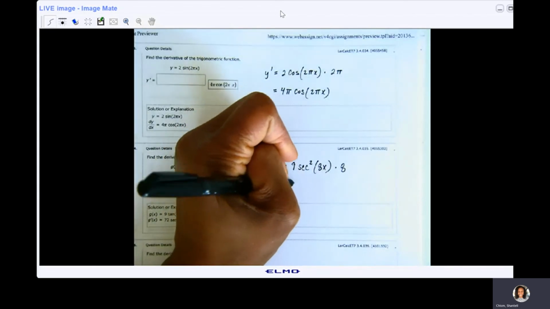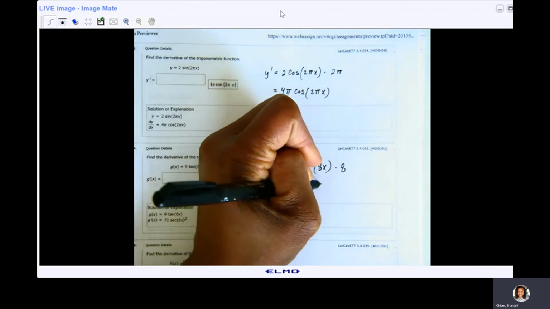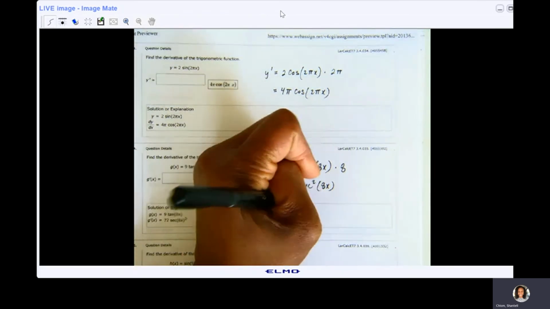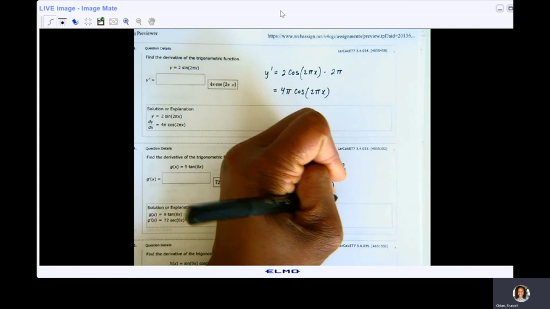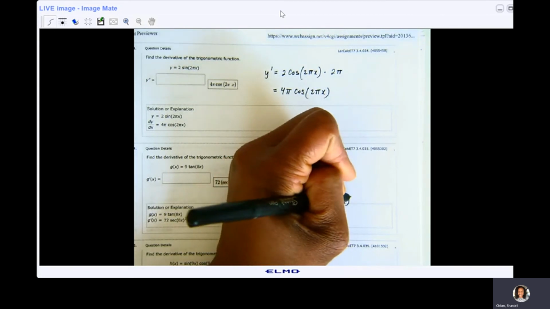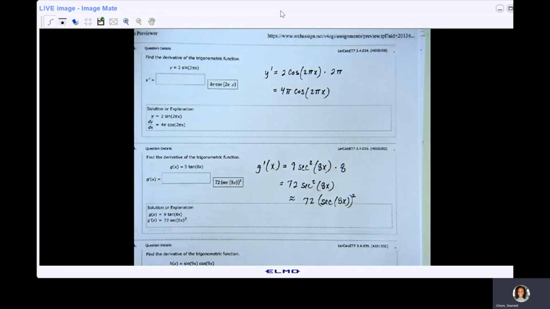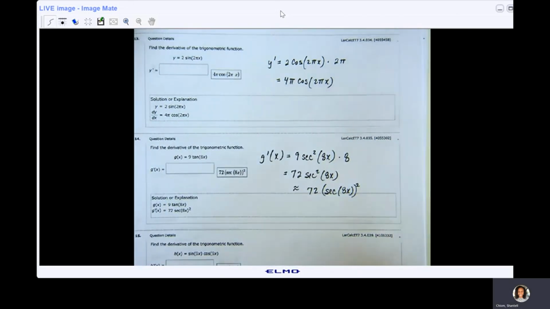So you get 72 secant squared 8x. And they wrote it as secant 8x, and they put the 2 on the outside. Those are equivalent. They mean the same thing.